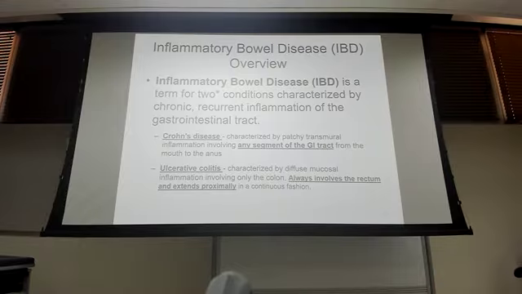So, like I said, inflammatory bowel disease, two main conditions: chronic recurrent inflammation of the GI tract.